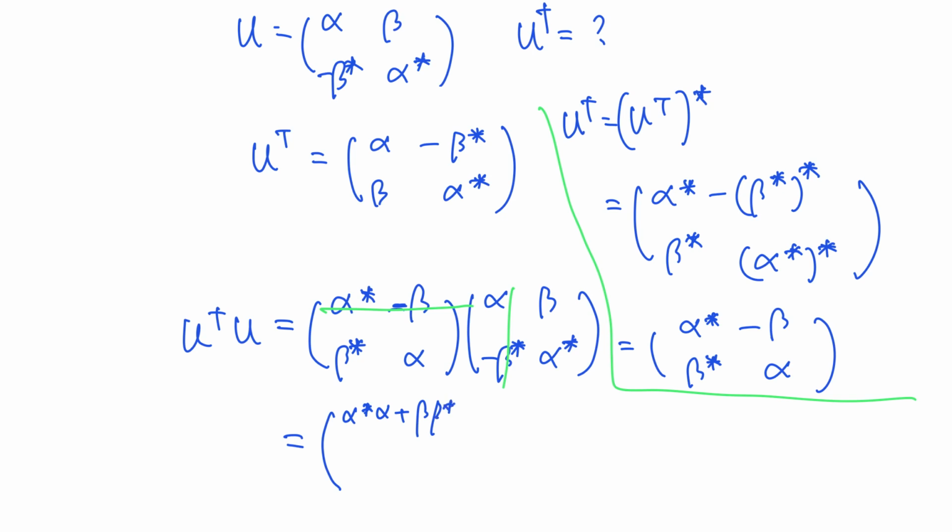Second element, this and this, alpha complex conjugate beta minus beta alpha complex conjugate, which is 0, right? So this gives 0. How about this? Beta complex conjugate alpha minus alpha beta complex conjugate. Okay? 0.